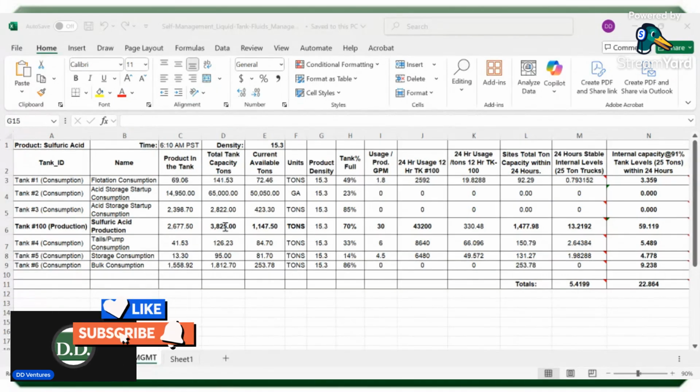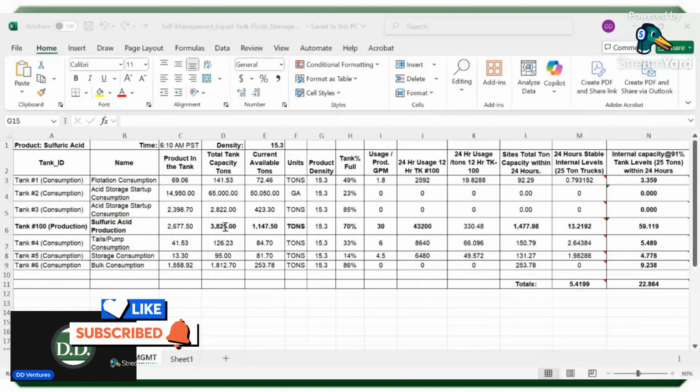Another thing this sheet allowed us to do was to hold trucking companies accountable for having to bring in additional trucks overnight because they didn't pull the number of trucks that we told them to.